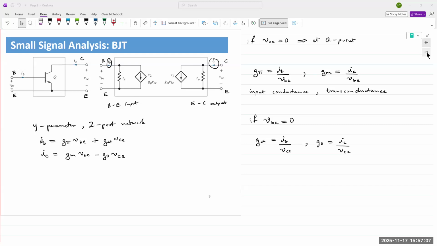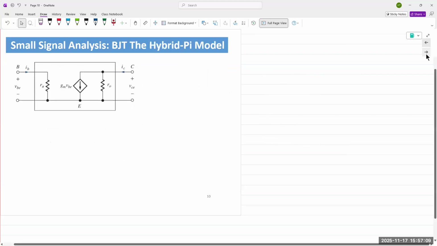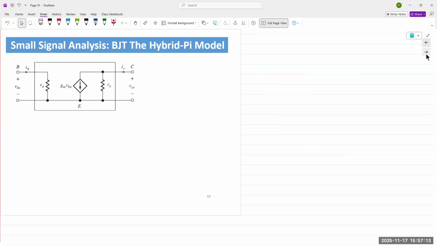Okay, to further simplify this, we use what is known as the hybrid pi model. In there, we are not modeling the input side as a current source. We simply have the diode small signal equivalent, which is RD, the diode resistance RD, and we call it R pi.